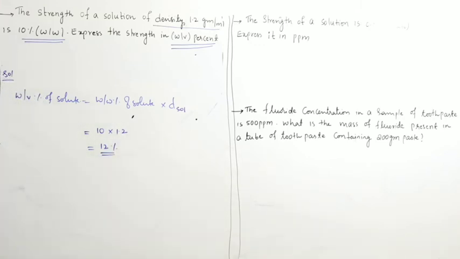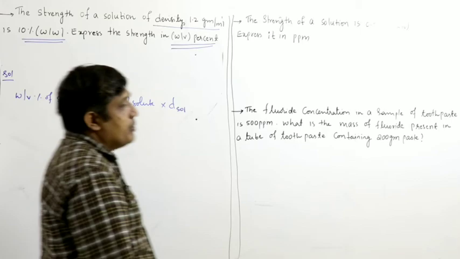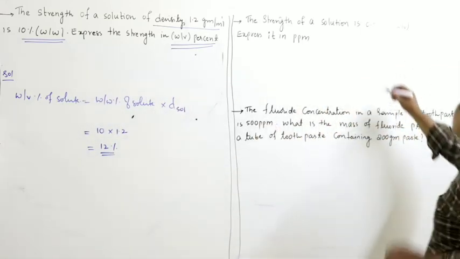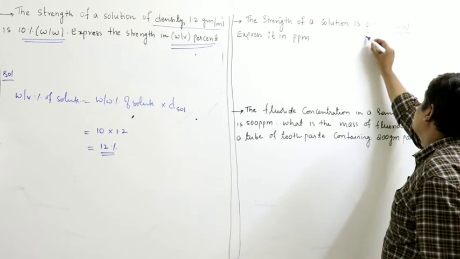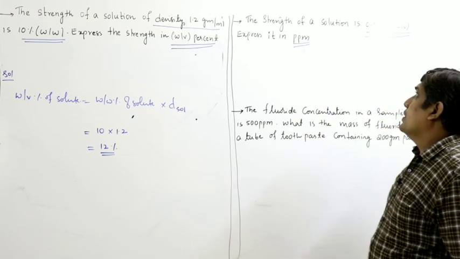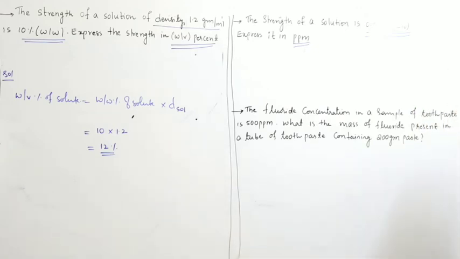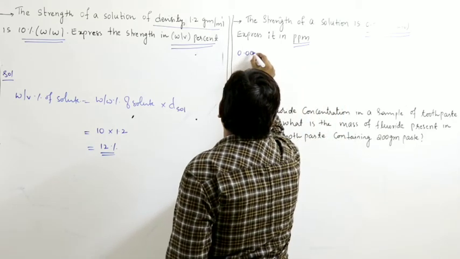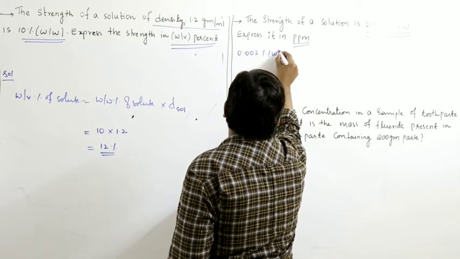weight by volume. Coming to the next one, the strength of a solution is given as 0.002% weight by volume. You have to express it in ppm. So what is the meaning of ppm? First, let us find the meaning of this 0.002% weight by volume.